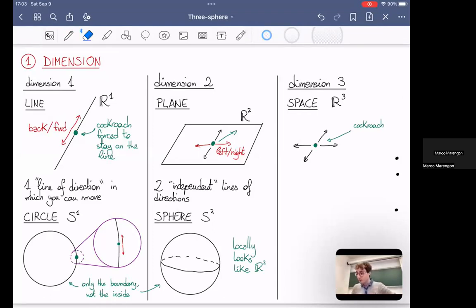But now we endow our cockroach with a jetpack, and so it can move also up and down. So now it can move through all of space, and there are three independent directions in which the cockroach can move. And so we will say that the space has dimension 3.